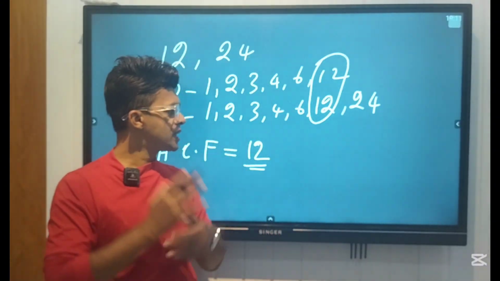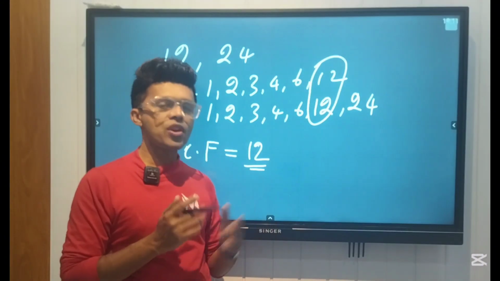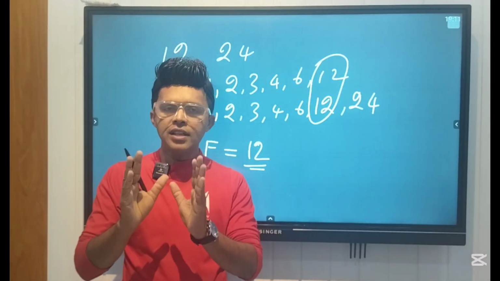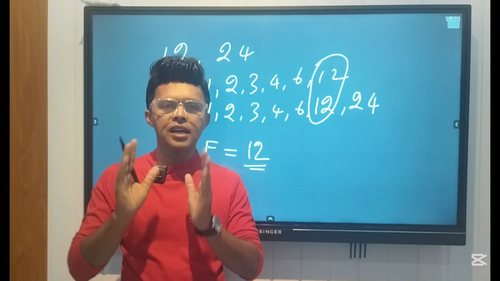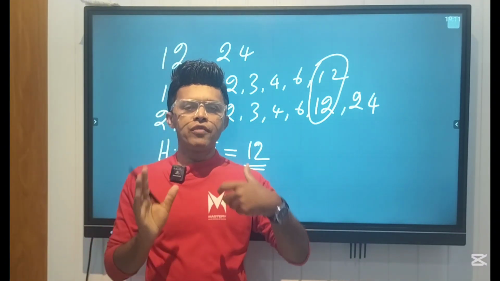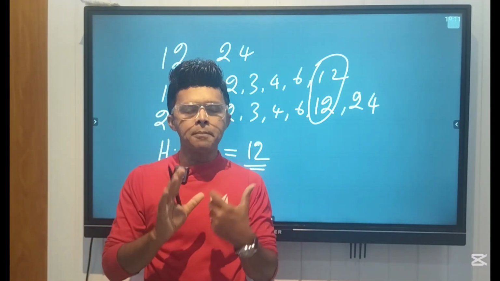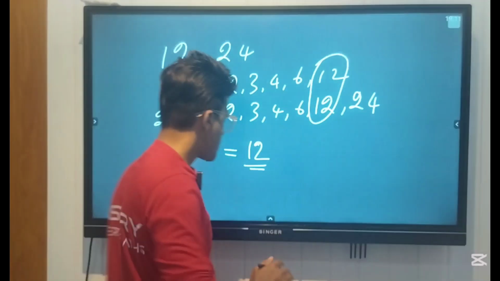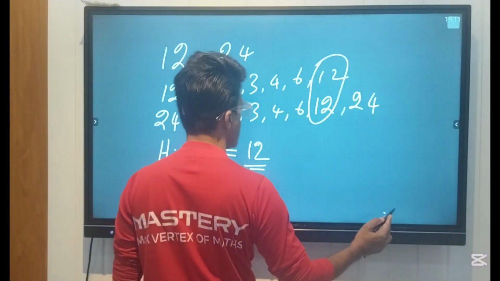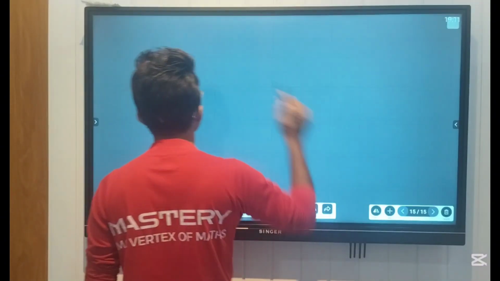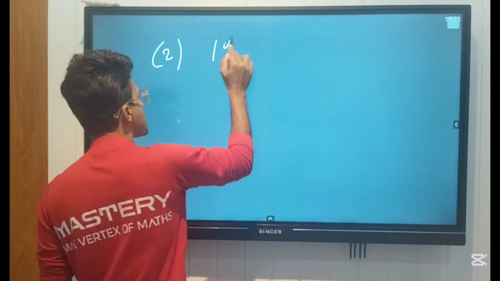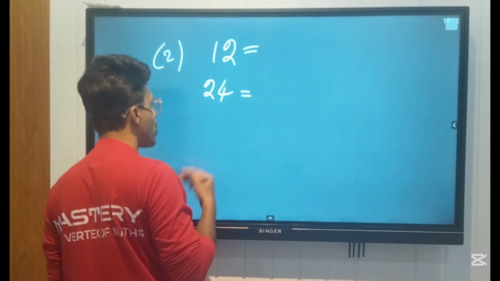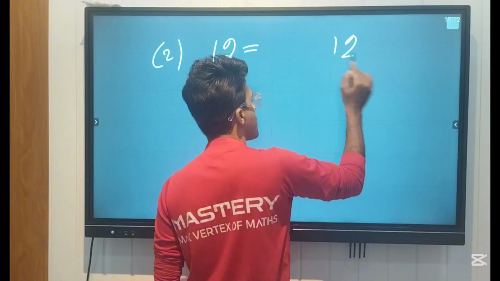This is the first way of getting the HCF of given numbers, considering factors. Now I'll teach you the second way. The second way is to write the given numbers as a product of prime numbers. We could write 12 and 24 as a product of prime numbers.